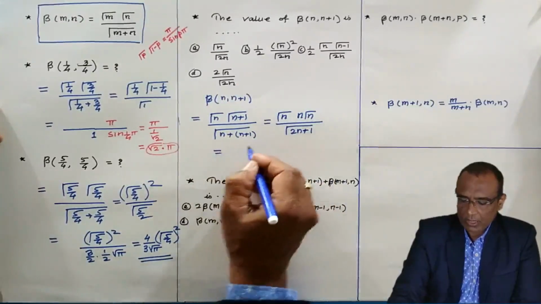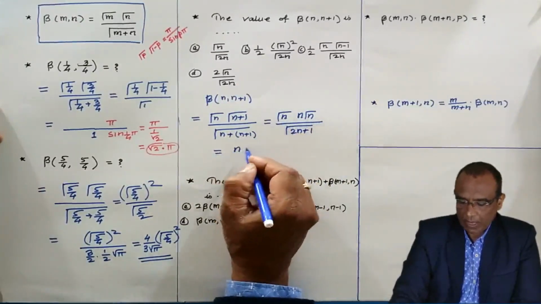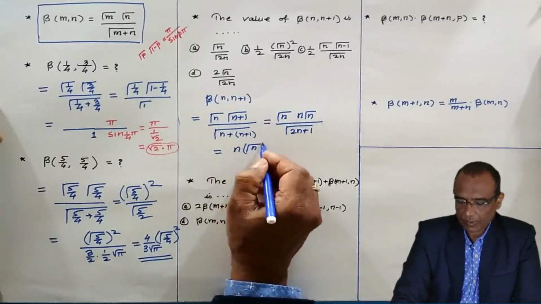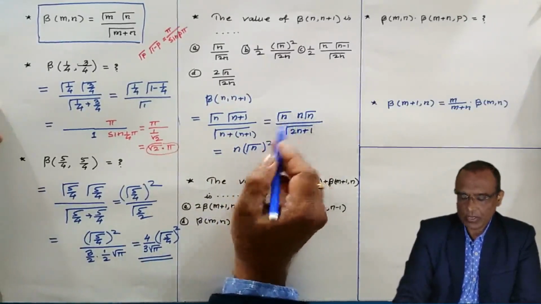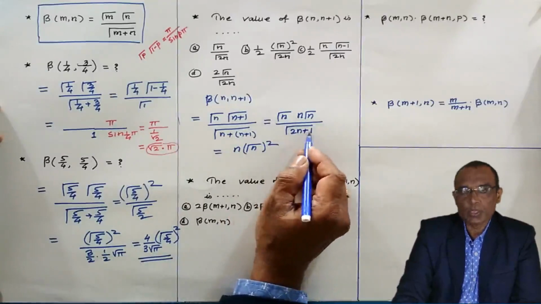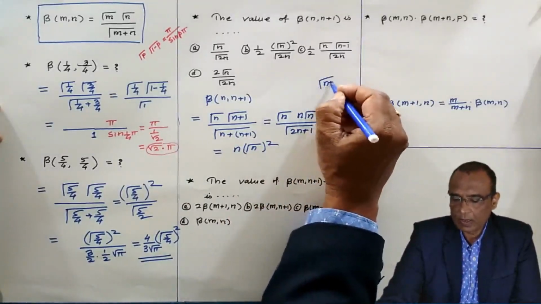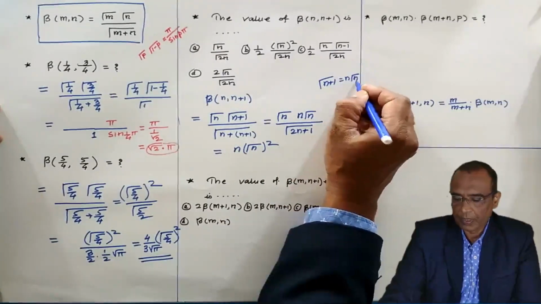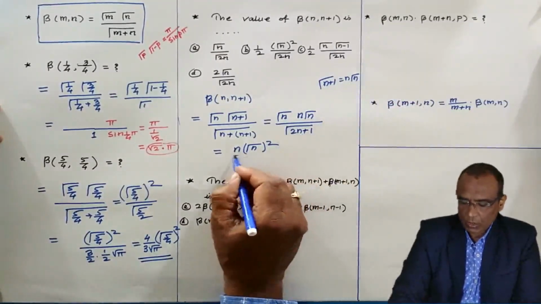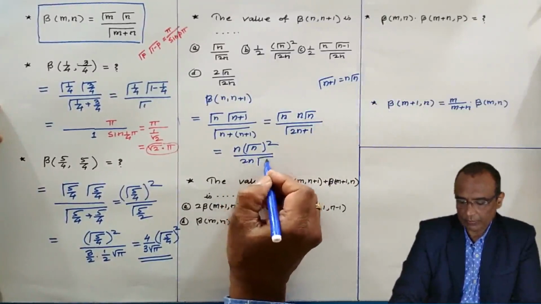Now this equals gamma n into gamma n, which is gamma n squared. This n is as it is. Gamma 2n plus 1 is 2n gamma 2n.